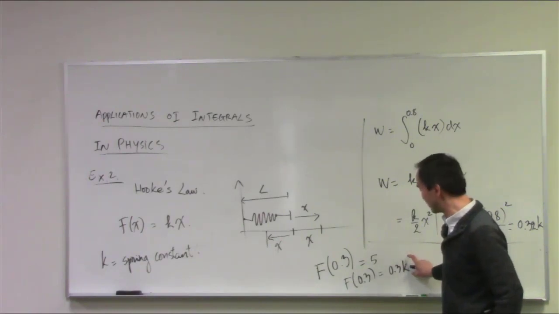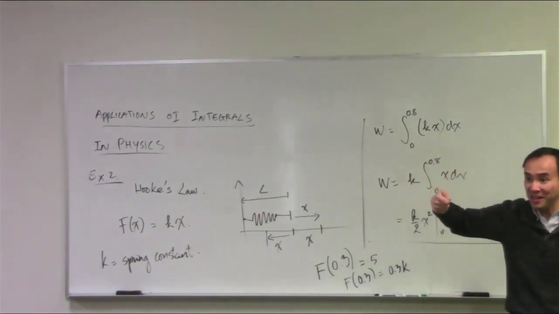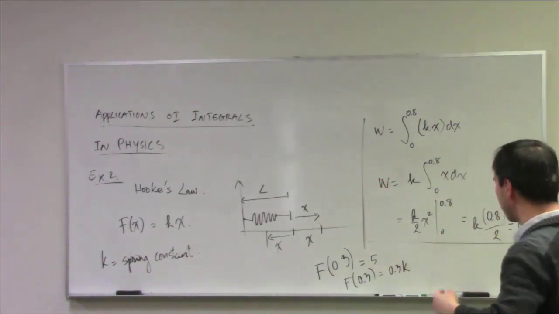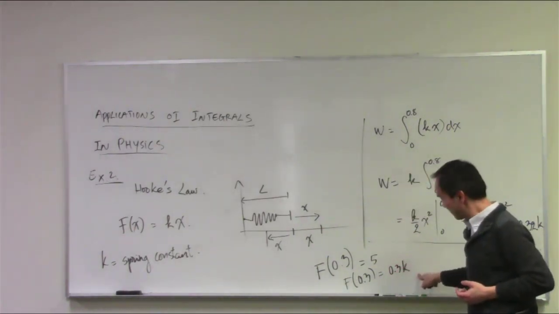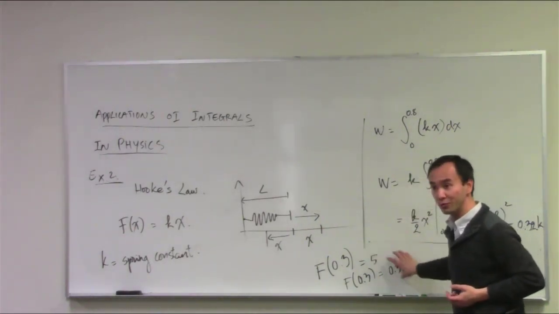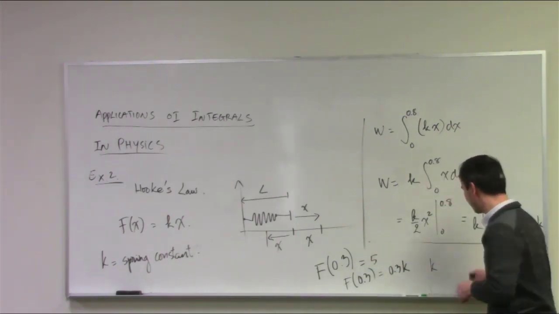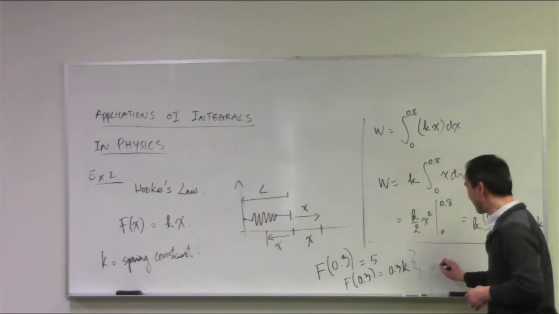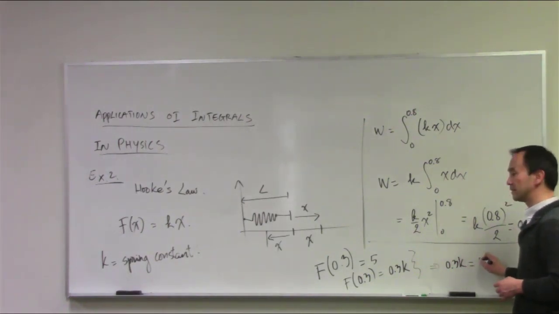If you want to stretch the spring 0.3 feet beyond its natural length, you need to exert a force of 0.3 times k. So we equate these two, which sets up the equation 0.3k equals 5.